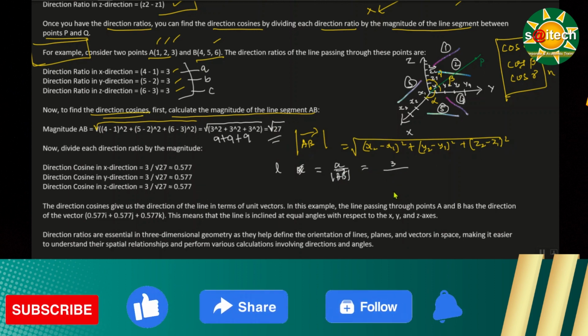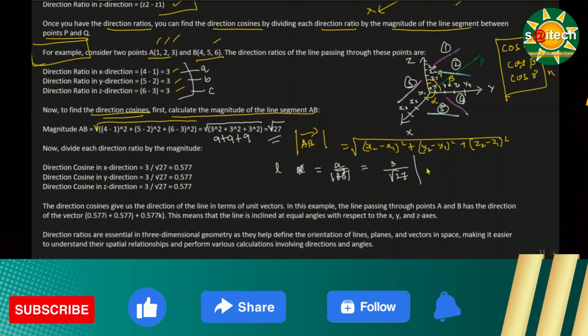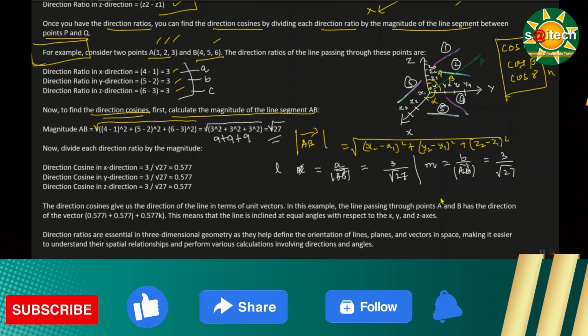So you can put root 27. So this is the way you have to find out the direction cosine. And what is M? M is given by B divided by the magnitude of AB vector, and the value of B is also 3, divided by root 27.